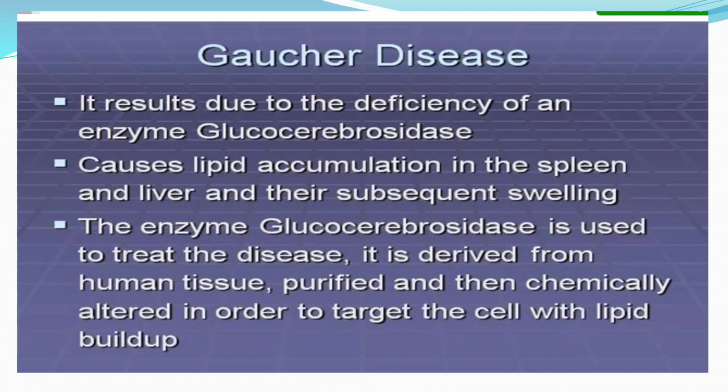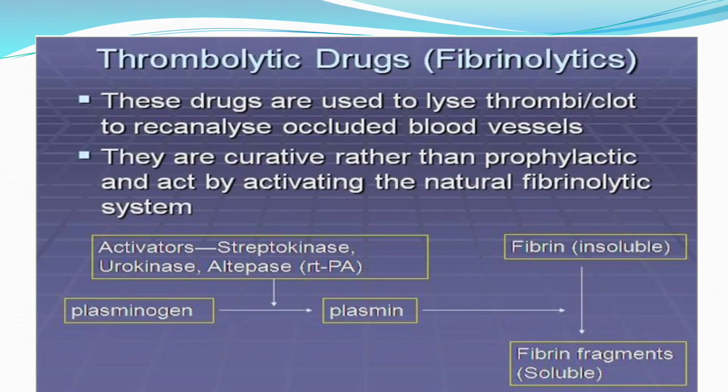Okay, so afterwards, certain thrombolytic enzymes are also present. These thrombolytic enzymes are also called fibrinolytics. These drugs are used to lyse the thrombus clot to recanalize the occluded blood vessels.